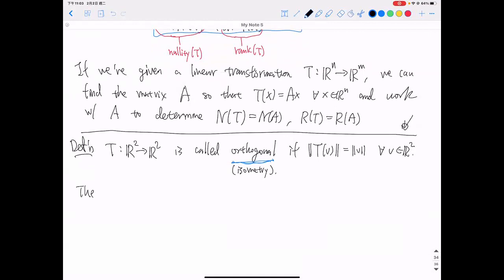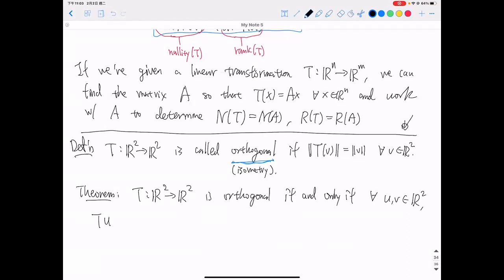Our theorem: T from R2 to itself is orthogonal if and only if, for every U and V belonging to R2, we have TU dot TV equaling U dot V.